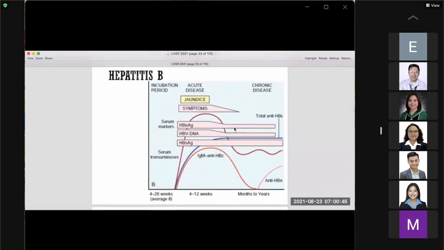There is sustained presence of certain serologic markers like the ones listed here. They're still positive for HBs antigen, HBe antigen, and the presence of this DNA particle being detected. IgM will be produced and wane afterwards. And then of course the transaminases are still elevated because of the chronicity of the disease.